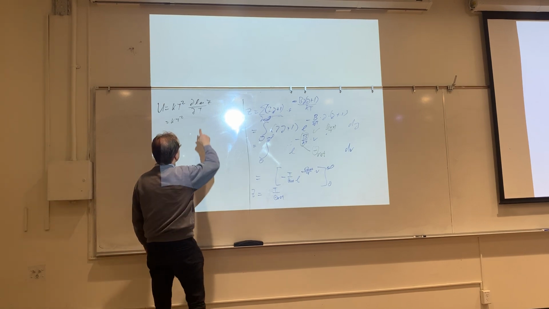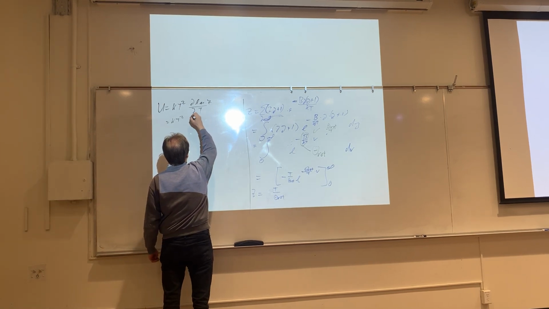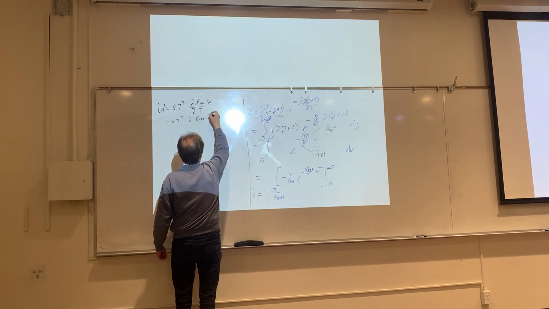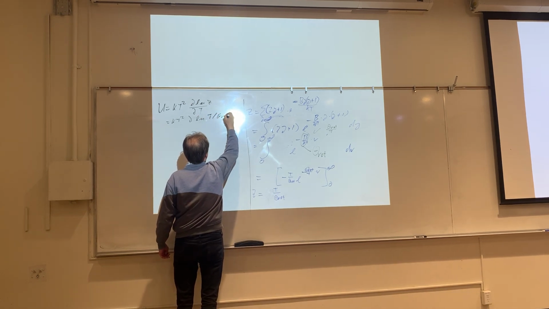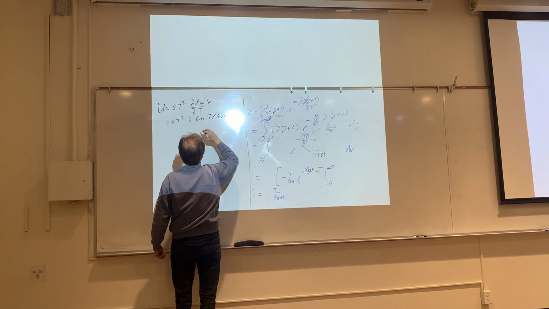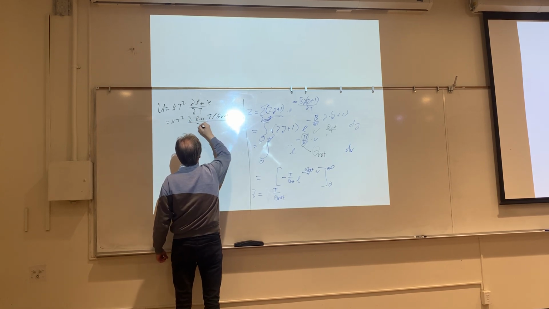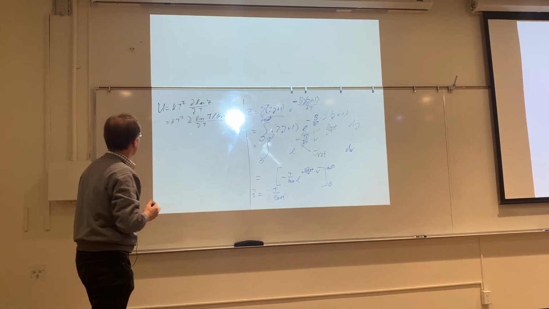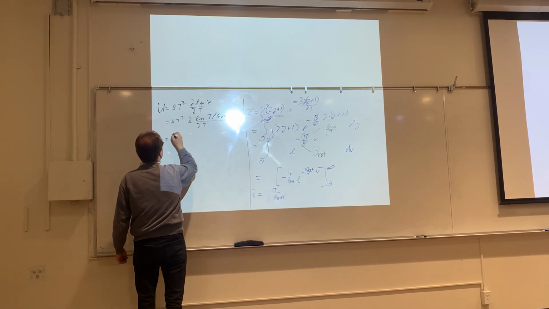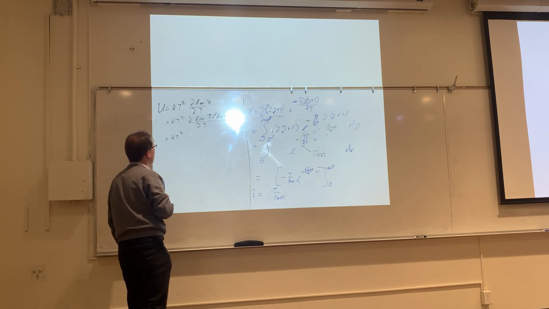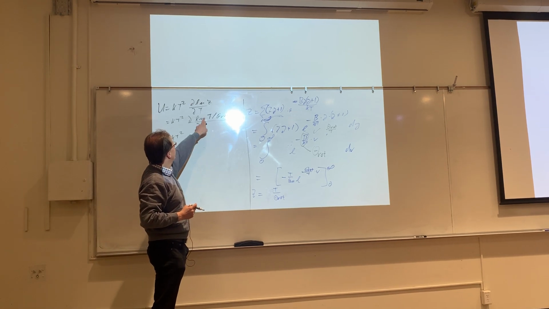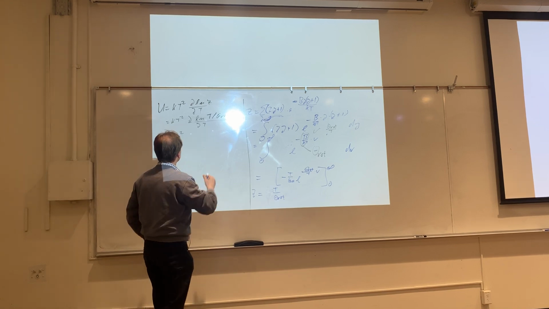d ln of T over theta rot by dT. Okay, let's do the first derivative. Equals kT squared. The external first derivative is 1 over that, correct?